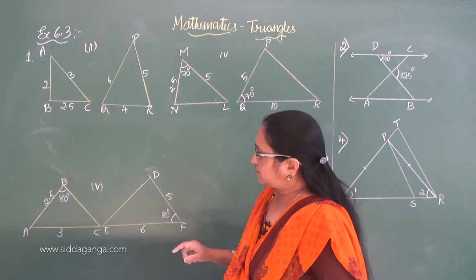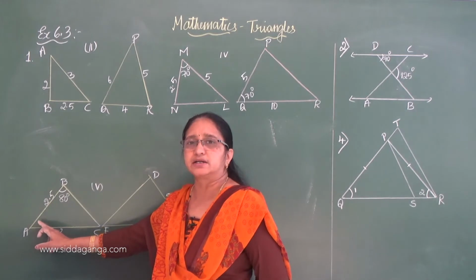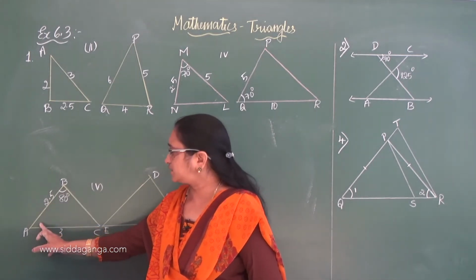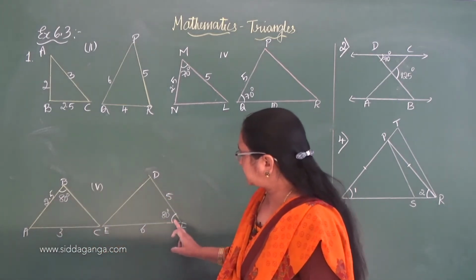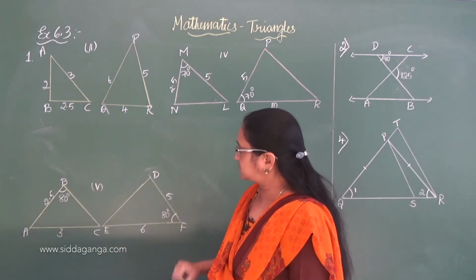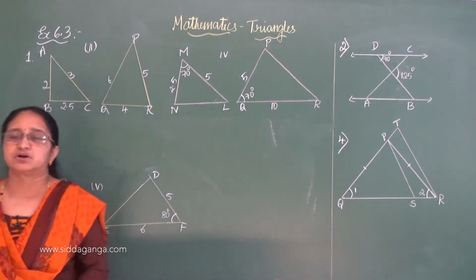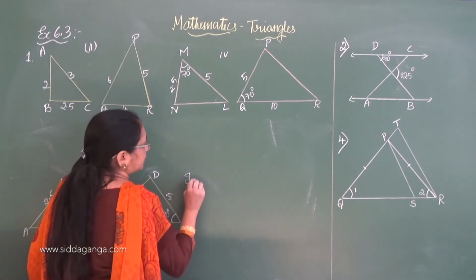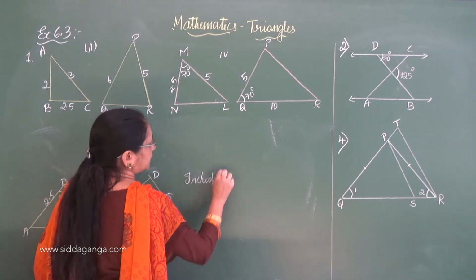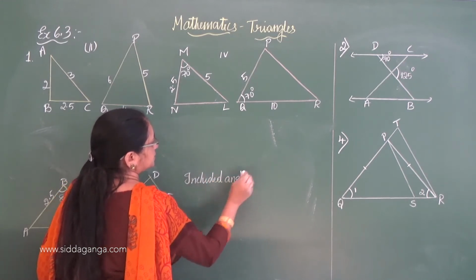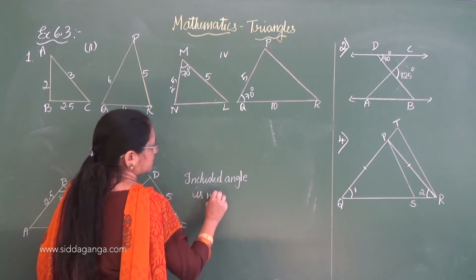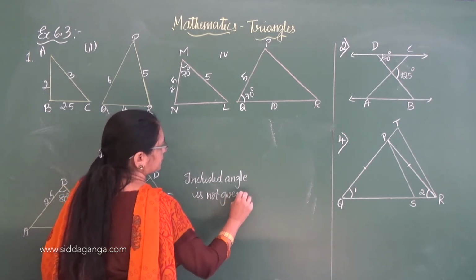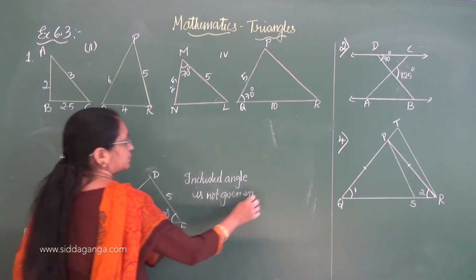You observe carefully, here they have not given the included angle. See here, this is not an included angle. So the included angle is this one, correct, 6 and 5. So this is 80. So definitely these two triangles are not similar. So you have to write the reason: included angle is not given in one of the triangles.